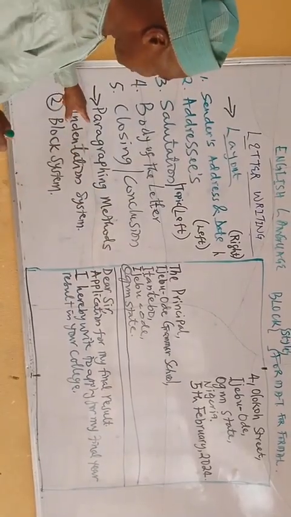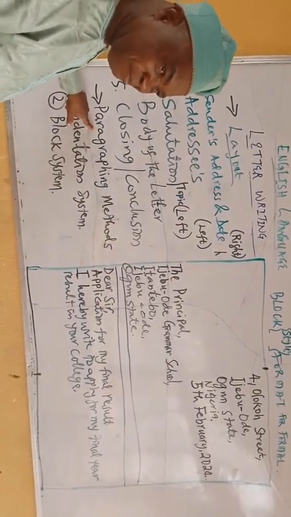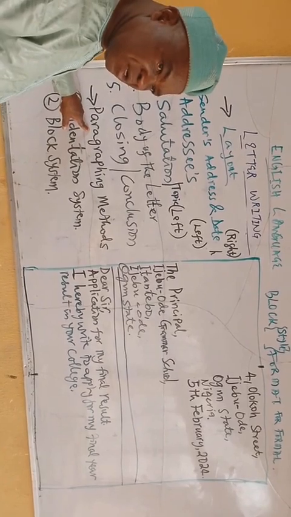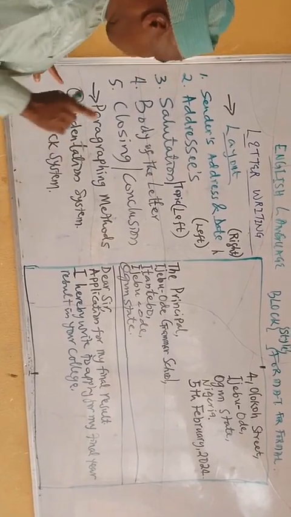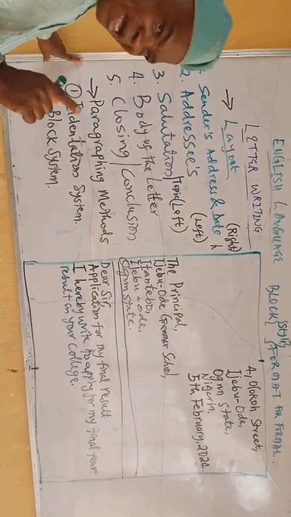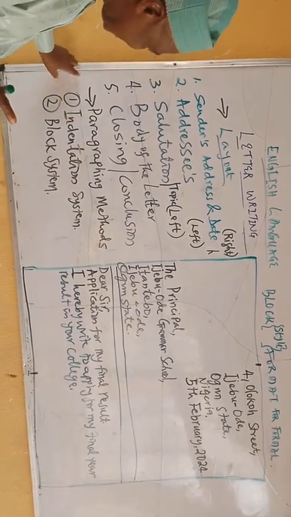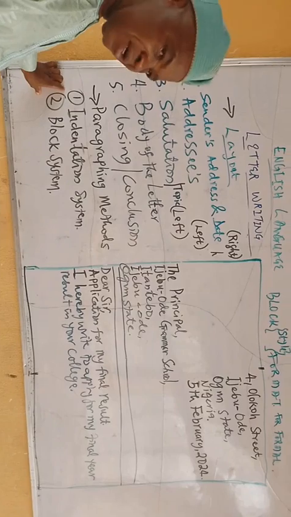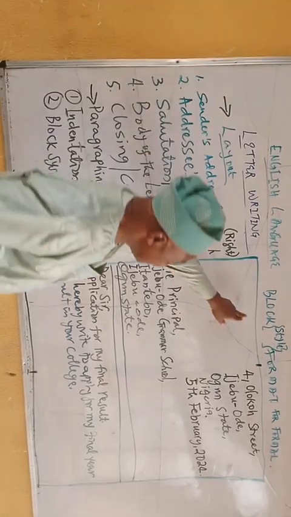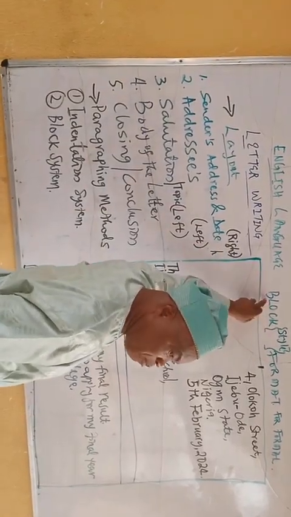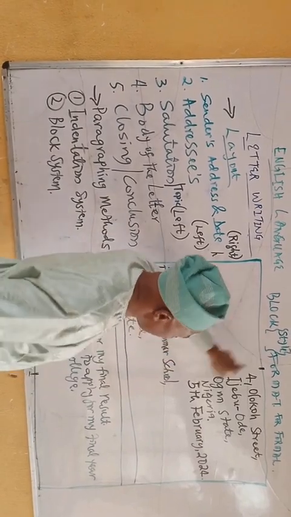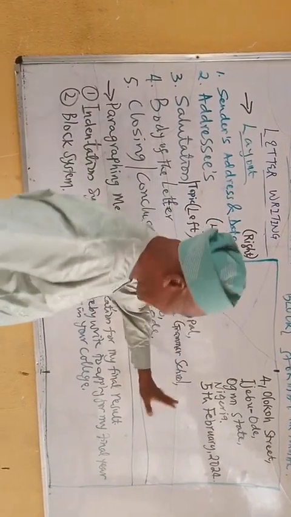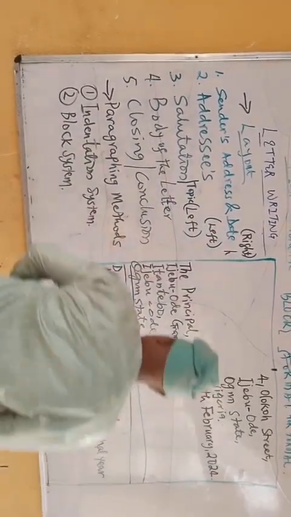One thing is necessary in a formal letter: the paragraphing method that you are going to use. One way by which you can write a formal letter is either you use the indentation system or you use what is called the block system. The one I'm applying is block style, block format, whereby you don't have to indent.